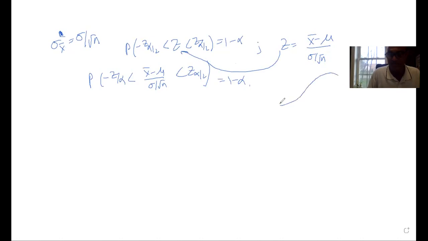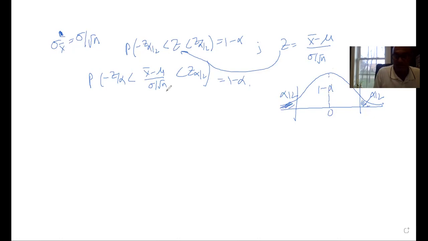It is the same thing that you have here: alpha by 2 is this region, alpha by 2 is this region, and this middle part is 1 minus alpha, because the total probability is 1. And your mean is 0, because for a z score the mean is always 0.